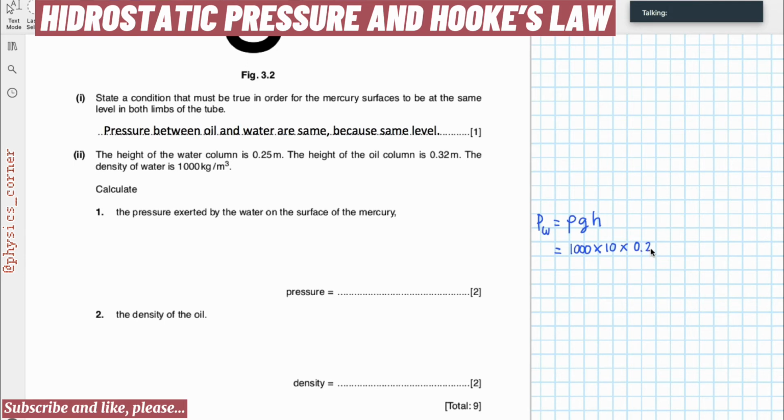So the result is 2500 Newton per meter square. Okay, this is P water, so h water, and this is rho water. Okay, done for question one.